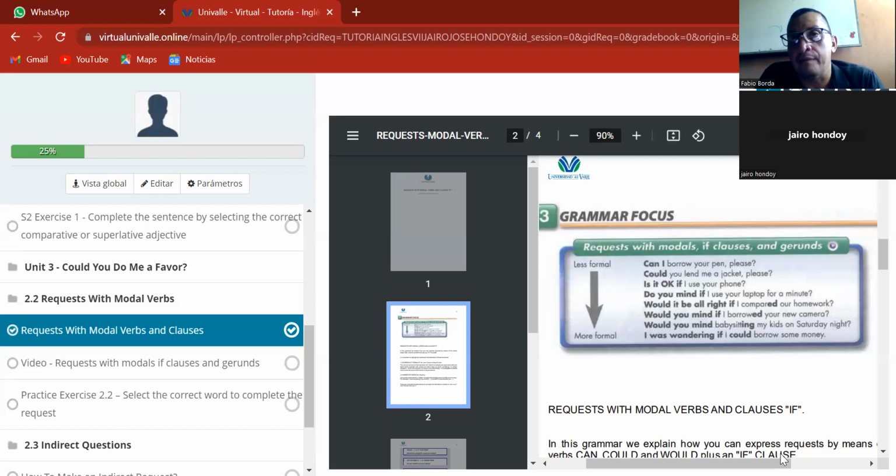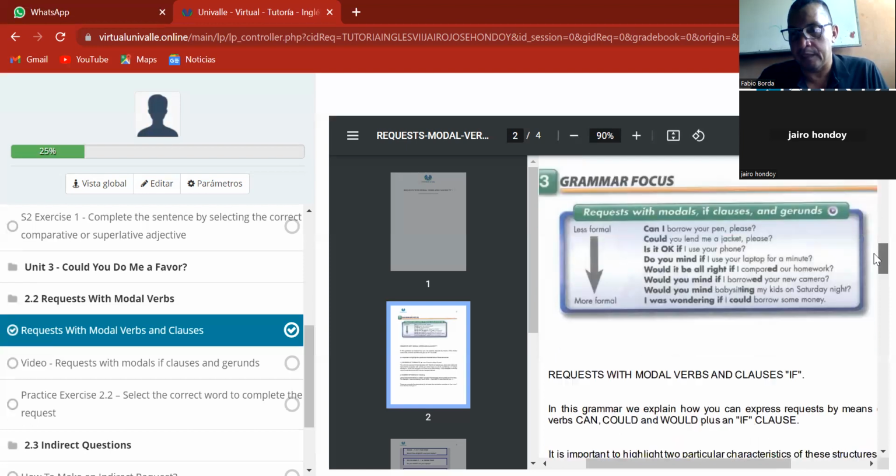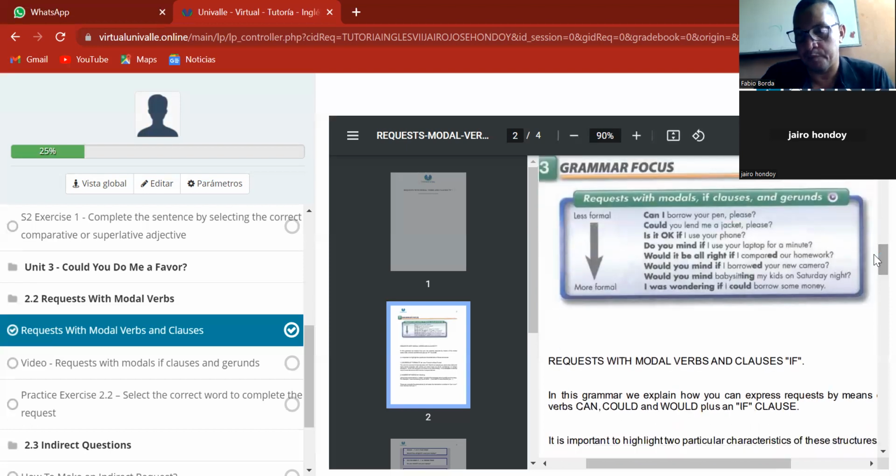This is a formal or maybe an informal way to ask for something. And you can apply different expressions, maybe less formal or maybe more formal. All of these expressions are used in real life.